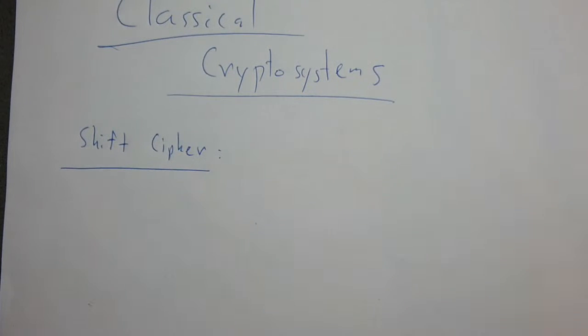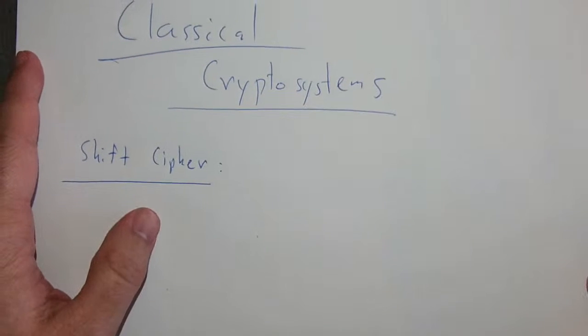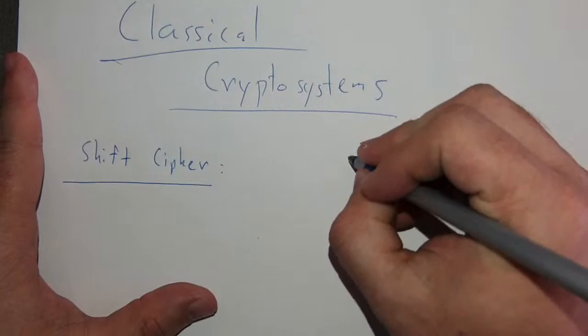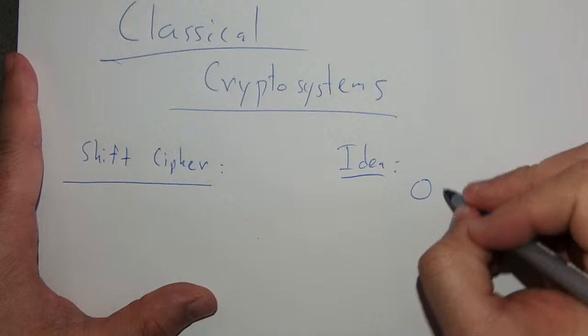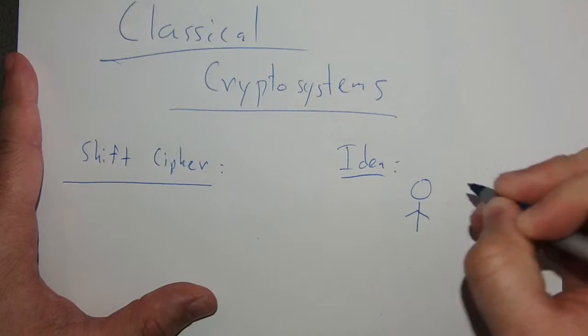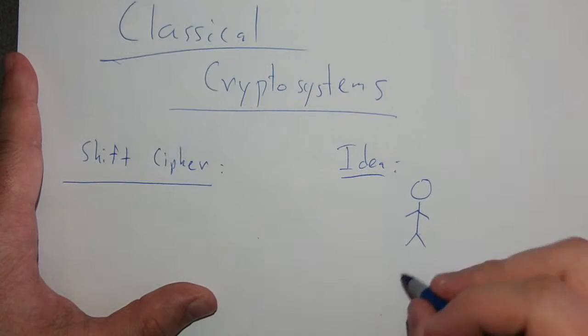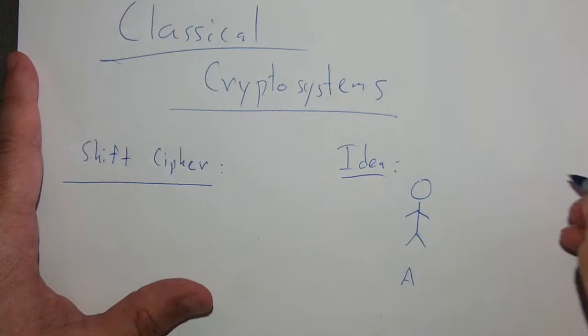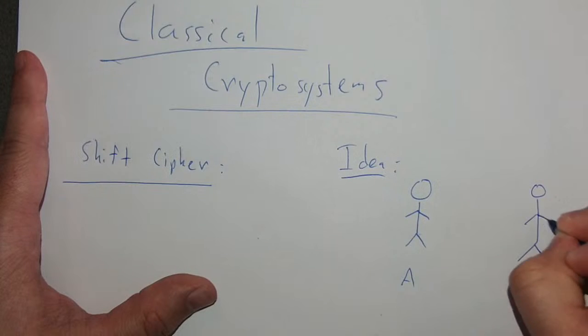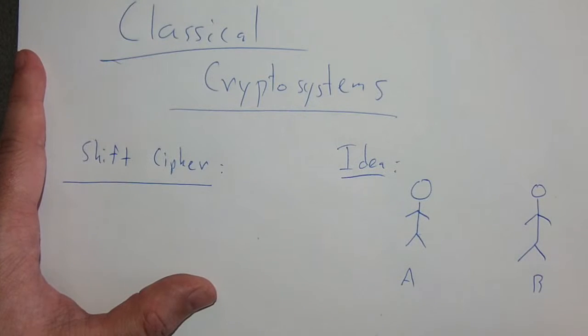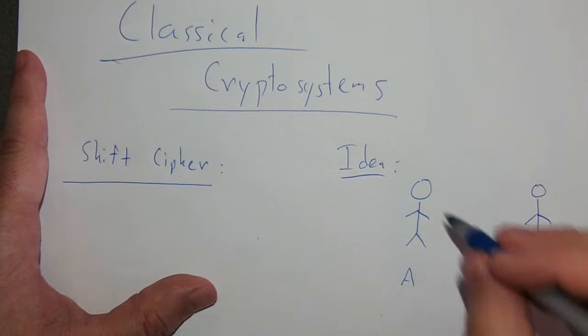So maybe before I talk about this specifically, I can say what the idea is. The idea is I have person A, here's person A, and here's person B, and they want to communicate, so they want to send a message.